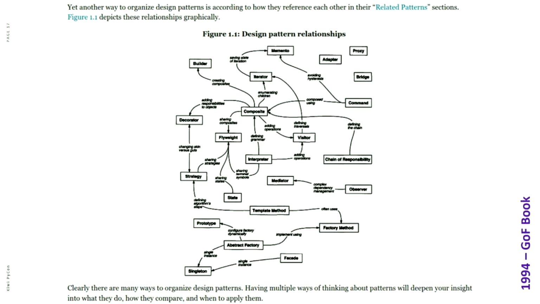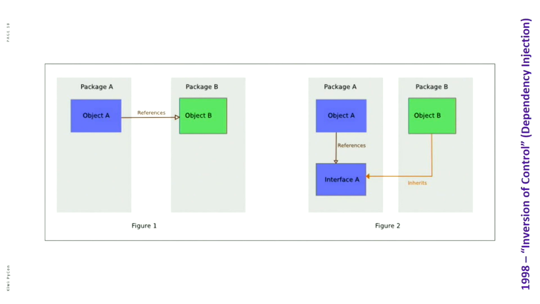This is a page out of the design patterns book, just to show how these patterns all link to each other. Obviously, there are a lot more design patterns nowadays for software, including our topic of the day, or topic of the next 20 minutes or so, inversion of control, also known as dependency injection.